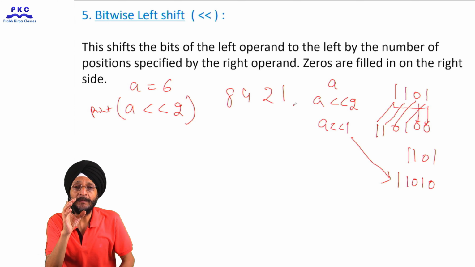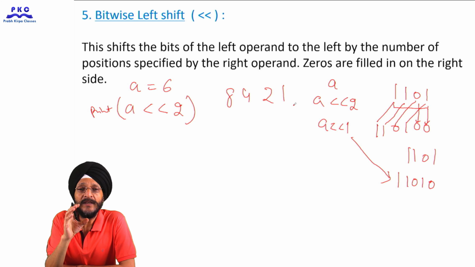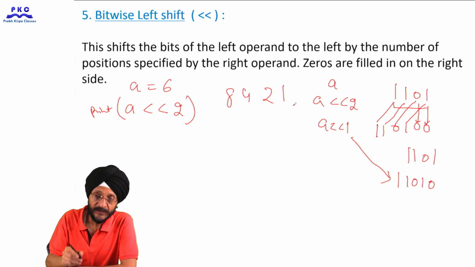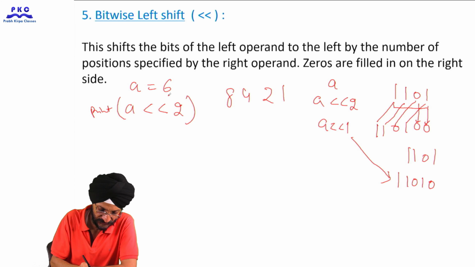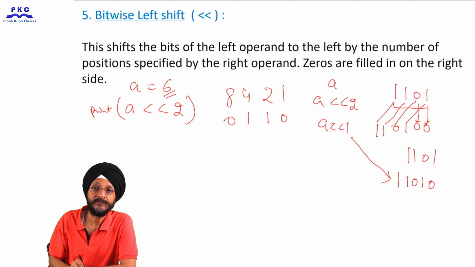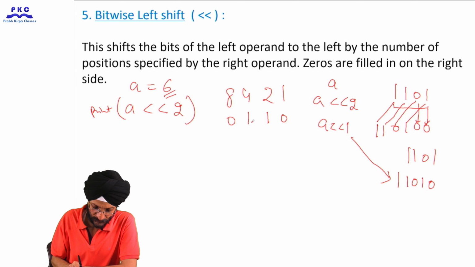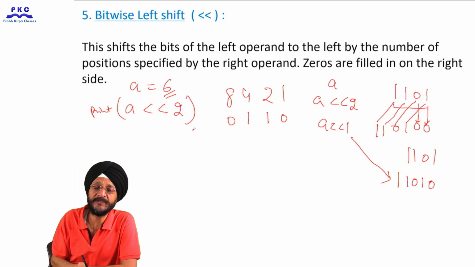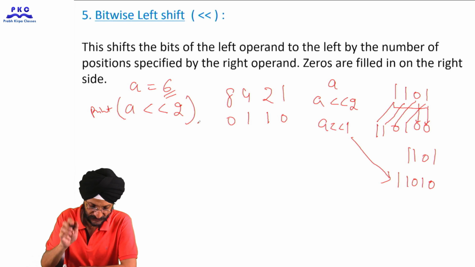The numbers have to be represented in binary in 8 bits or 4 bits. Here 4 bits will be used because the number is small, so it will be 0 1 1 0. So 4 plus 2 is 6. Before that we have added 0 to make it 4 bits. If the number were larger, we would have made it 8 bits.